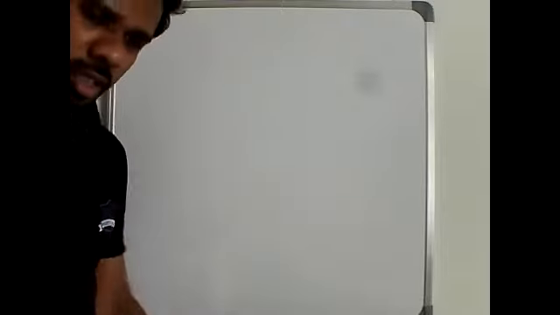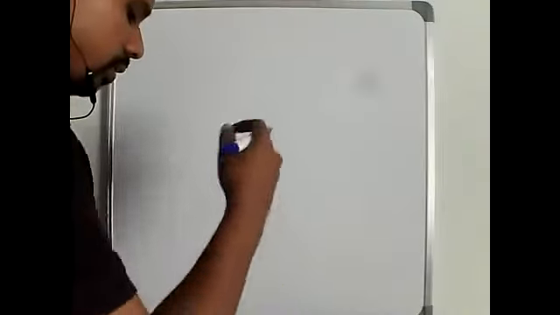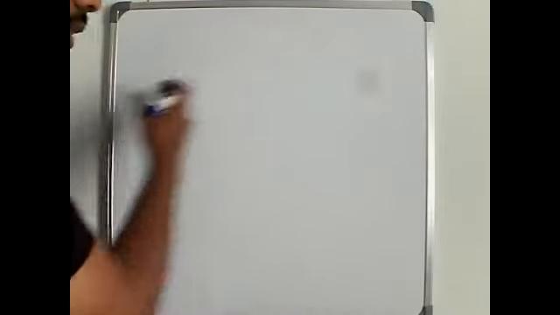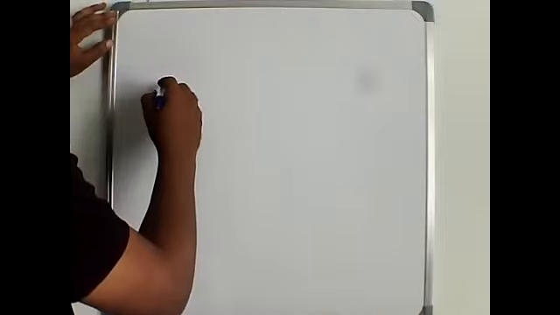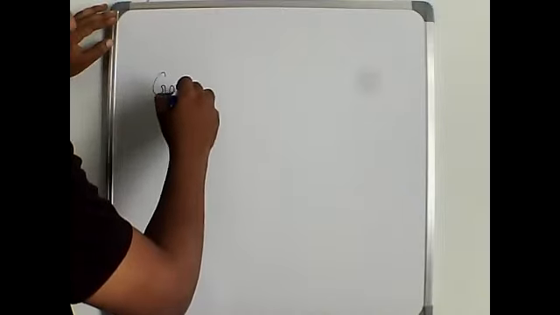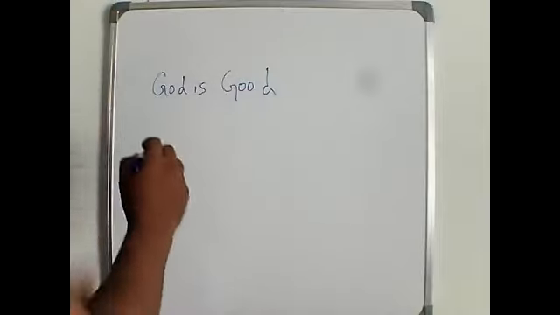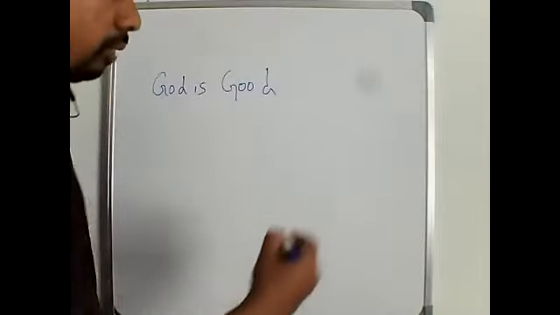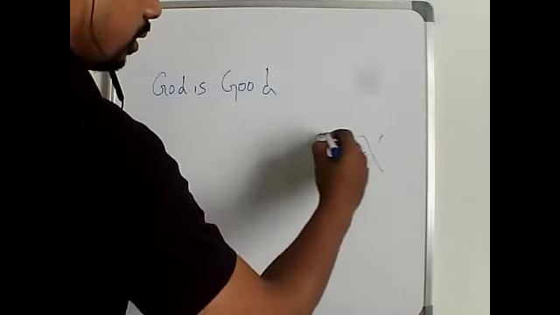So some features of the Hebrew alphabet. You have to write from right side to left side. In English, we write in this way: God is good. You understand? We write from this side, but in Hebrew, we write in this way.